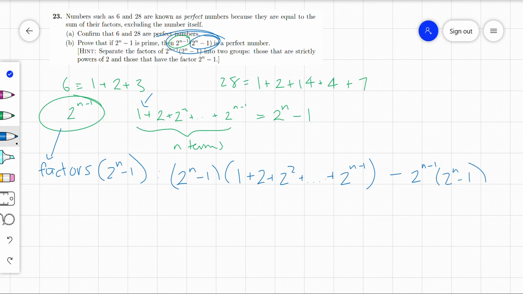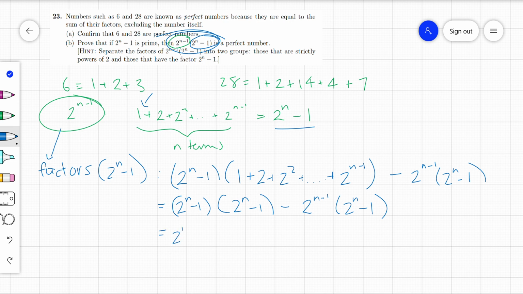So the total sum of all these factors would be, when we sum those up, 2 to the n minus 1 from here. But we need to subtract that last one, which was 2 to the n minus 1 times 2 to the n minus 1.